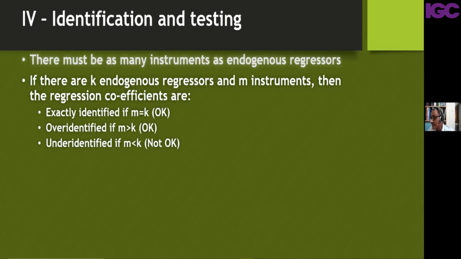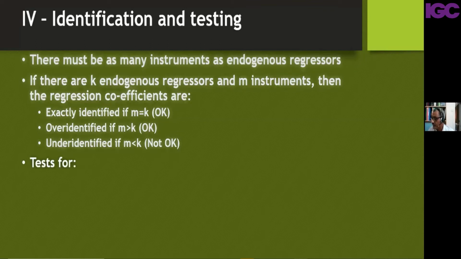They are said to be over-identified if you have more instruments than endogenous regressors, which is also fine. But it is said to be under-identified if m is less than k. That means you have fewer instruments than endogenous regressors, in which case you will not be able to use the instrumental variables method.